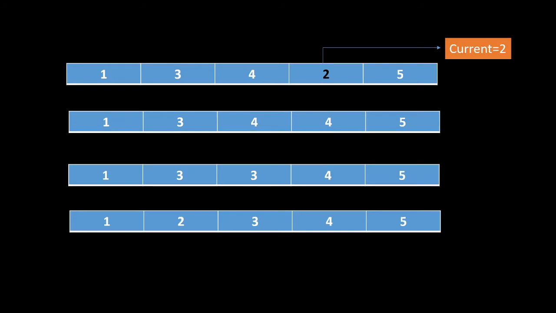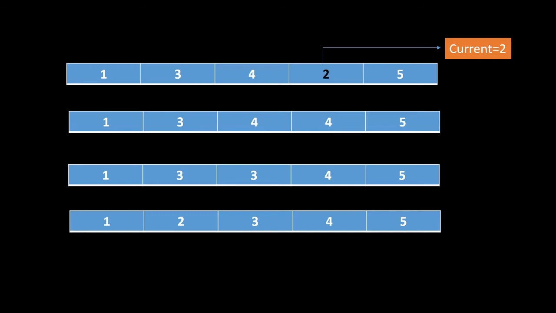Now see how it works. I have taken the array of size 5: 1, 3, 5, 4, 2. Here the first three elements are sorted. When we come to our third index, which is 2, we will first store it into a temporary variable, named current here. So we will store this element 2 in current.